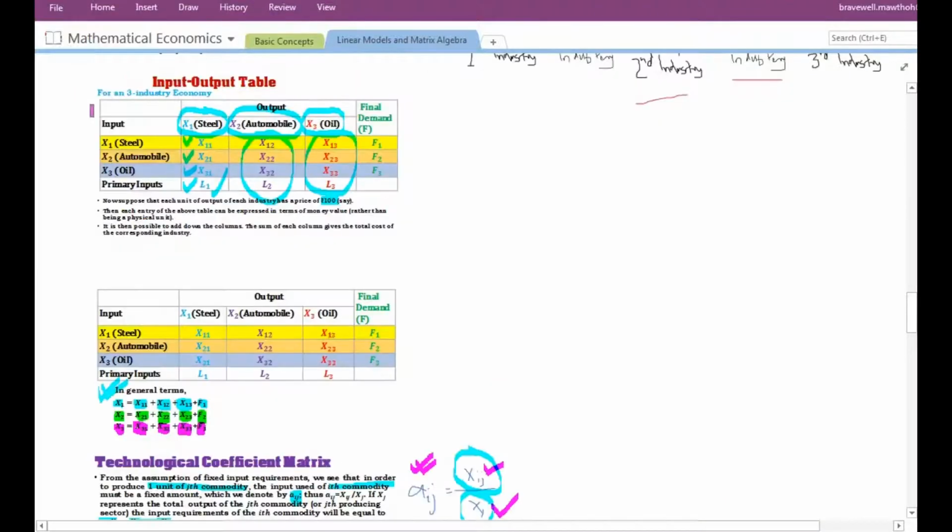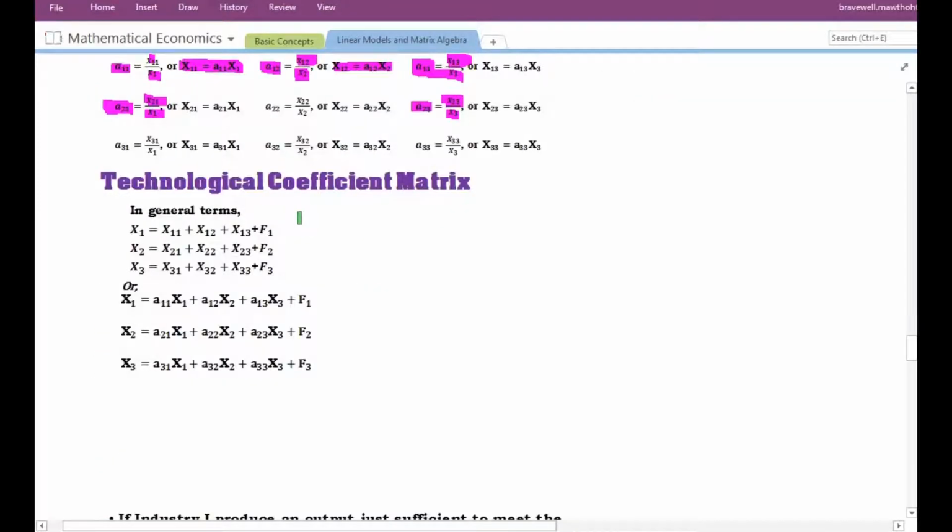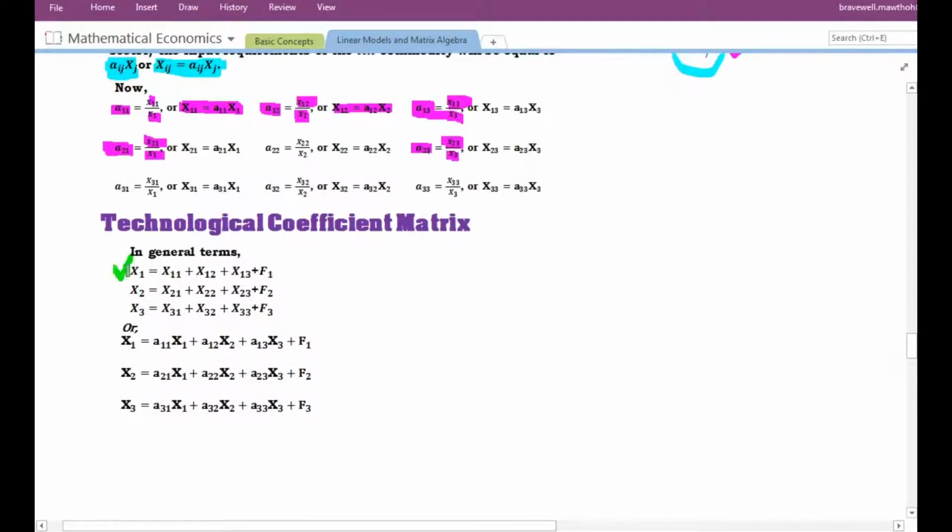We have already represented the input-output table in a system of equations. In all the three equations, wherever Xij is present, we are going to substitute it by Aij Xj. In case of the first equation, for X11, we are going to substitute it by A11 X1.